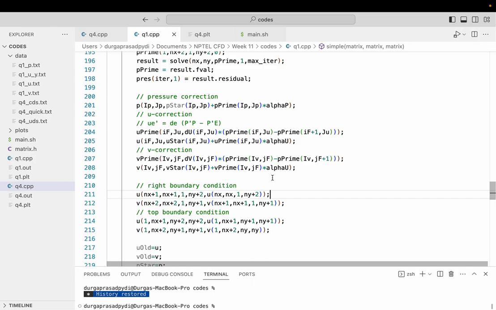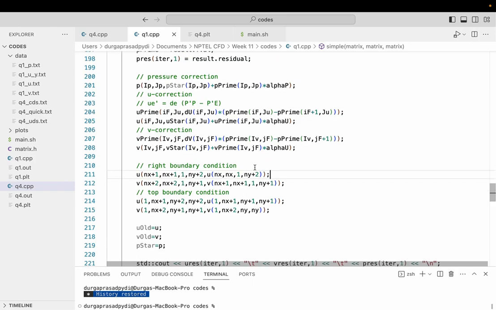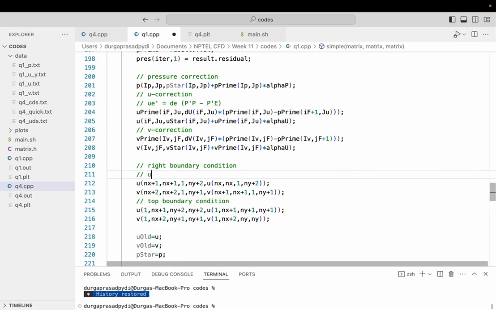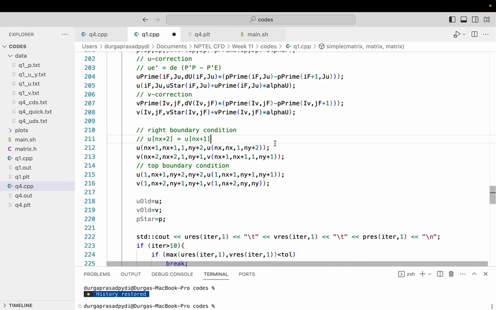So if you have nx plus 2 as my boundary cell, u of nx plus 2 should be equal to u of nx plus 1. This way I am ensuring that the Neumann condition is satisfied, so that the gradient is 0 along the x direction. That is this particular line. And similarly for the v component, I am doing the same. I will do this on both the top and the right boundaries, which is where my Neumann conditions are present.